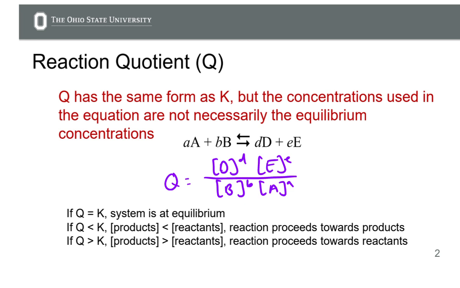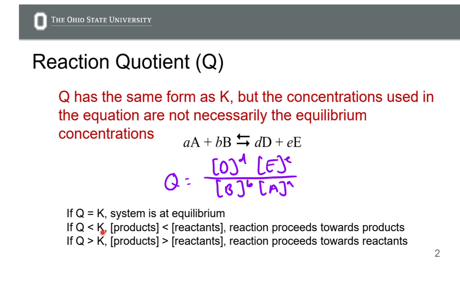If Q is less than K, thinking about this fraction, what that means is that the concentration of products is less than the concentration of reactants. And so the reaction must proceed towards the products in order to reach equilibrium. So we have less products than what we would expect at equilibrium, so we have to form more to get to equilibrium.